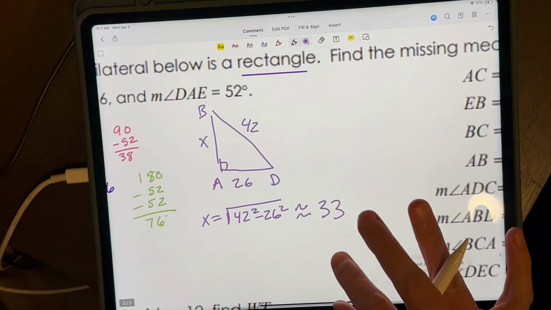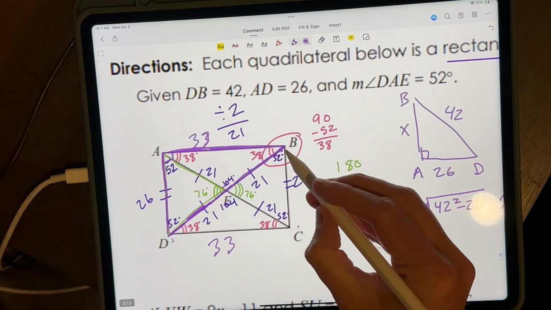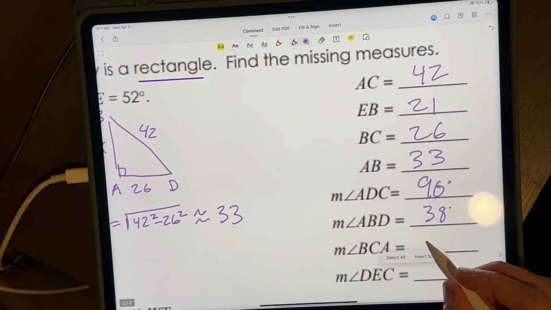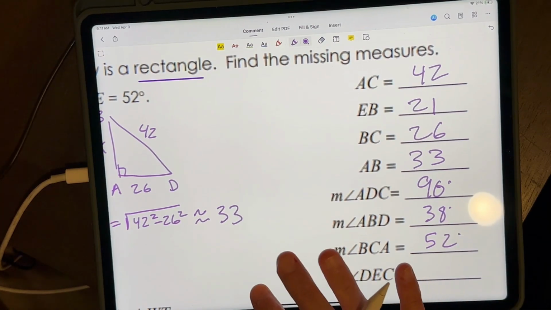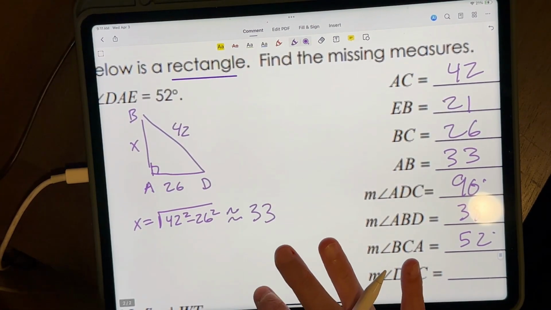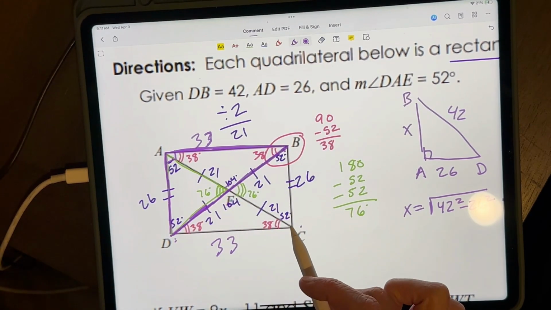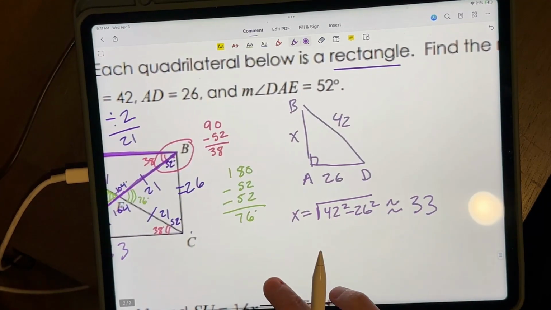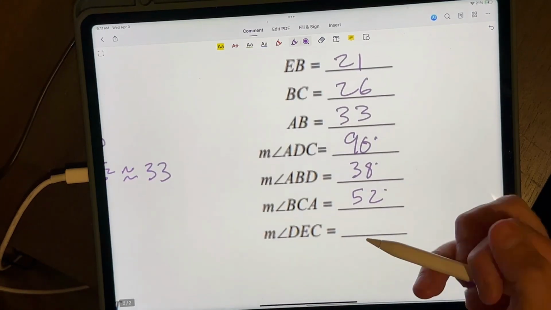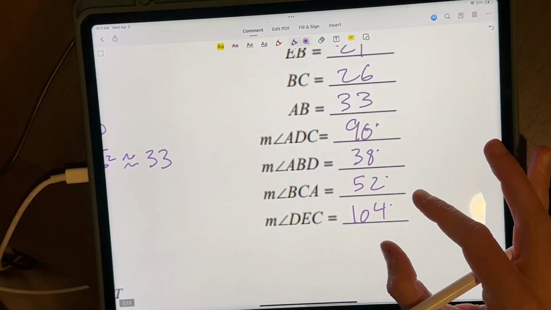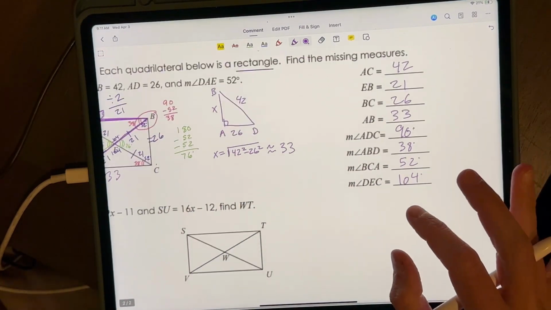BCA. So B to C to A is right here, which is 52. DEC, that's the last one. D to E to C, that's this one right here, the E in the middle. That's 104. All of those are degrees because they are angles.